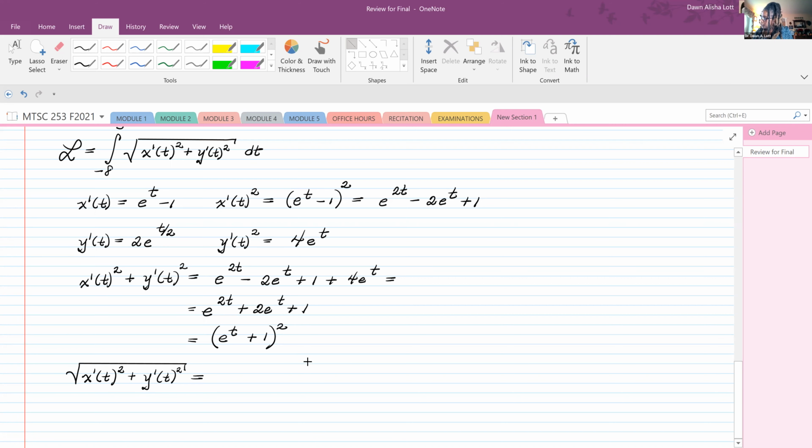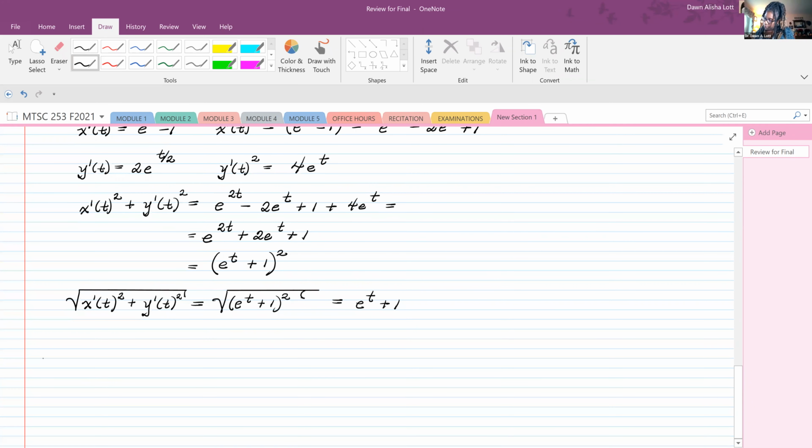So this is the square root of e to the t plus 1 squared. So that's just e to the t plus 1. So now your length, your integral, you just got to put that in. So that's the integral from -8 to, what did I say, 3? Yeah. E to the t plus 1 dt.